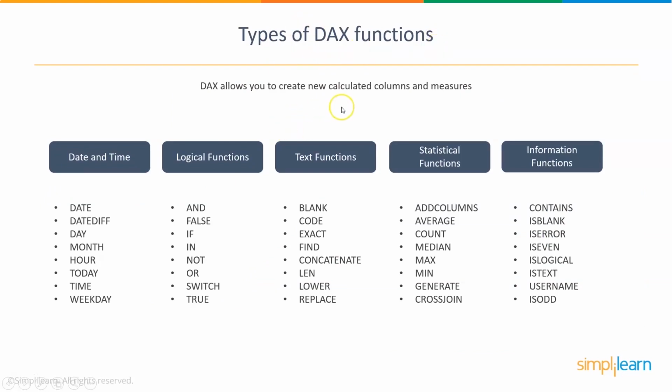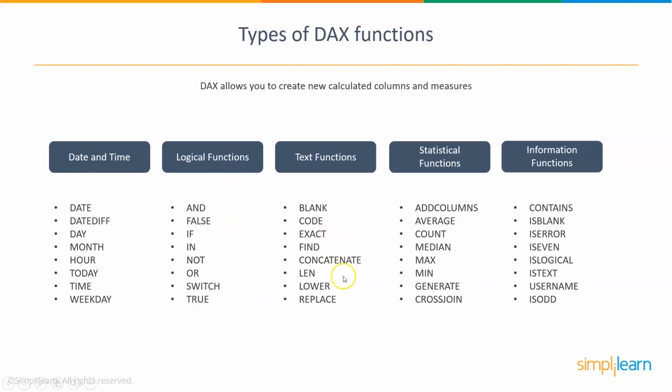DAX allows you to create new calculated columns and measures. You have date and time functions, which allow you to work on date and time data or fields. You have logical functions which allow us to create new filters or add more filters to our data.